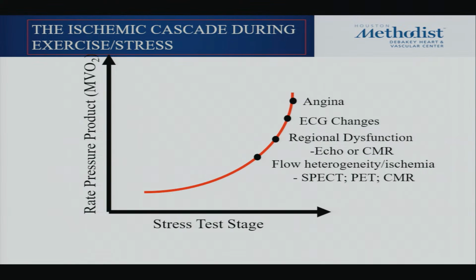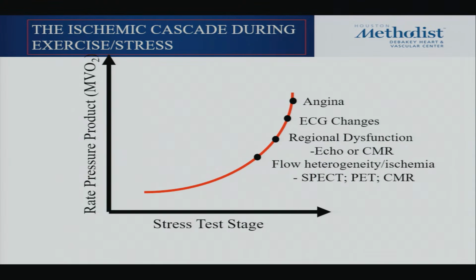The area supplied by that particular vessel is going to have less flow or flow reserve than the other areas. And this nowadays is what we detect using nuclear techniques like SPECT. Certainly with PET we do it even more sophisticatedly, and you can do it also with CMR.